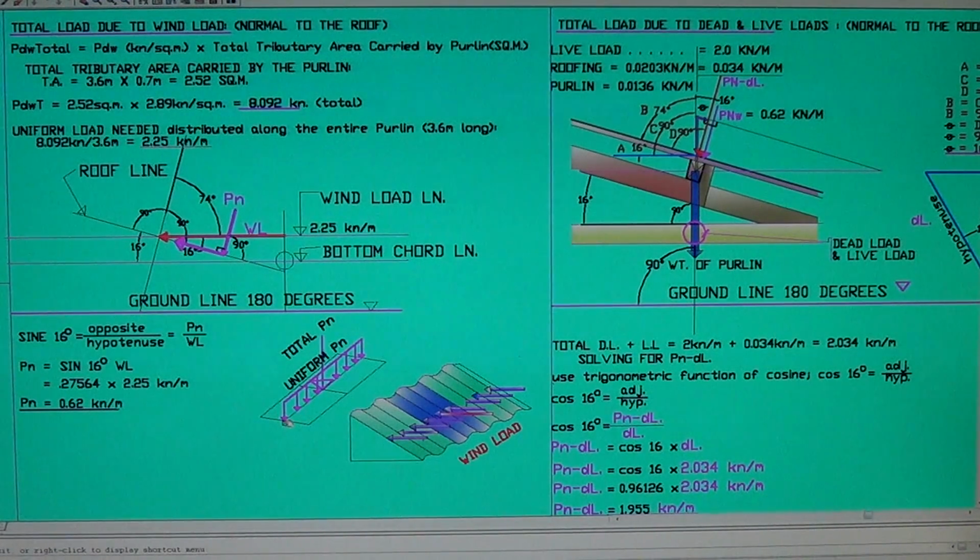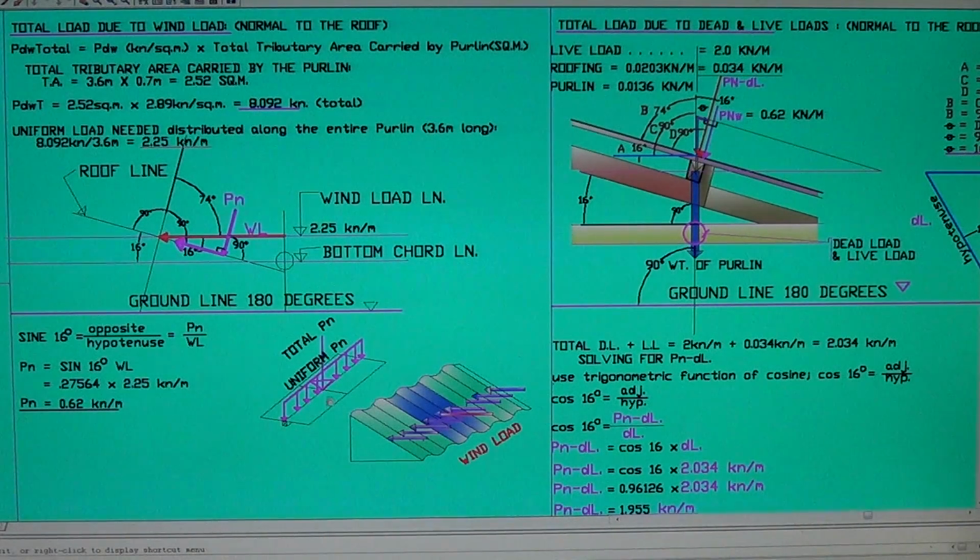Okay, you need a tributary area. And since the roofing is obviously a uniformly distributed load, the purlin also is a uniform load. It's not a concentrated load. Concentrated load is different than uniformly distributed load. It has different shear. The shear for uniformly distributed load is smaller than the total load applied to the purlin.